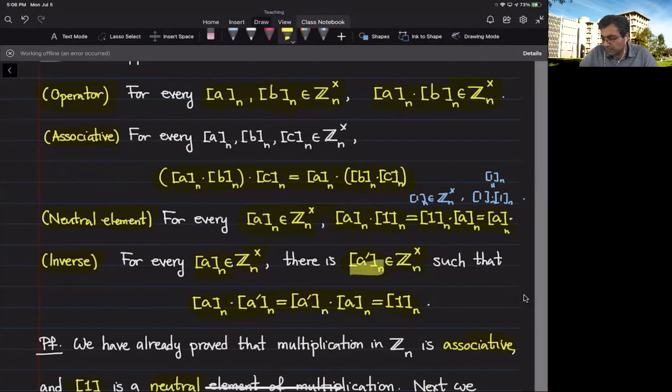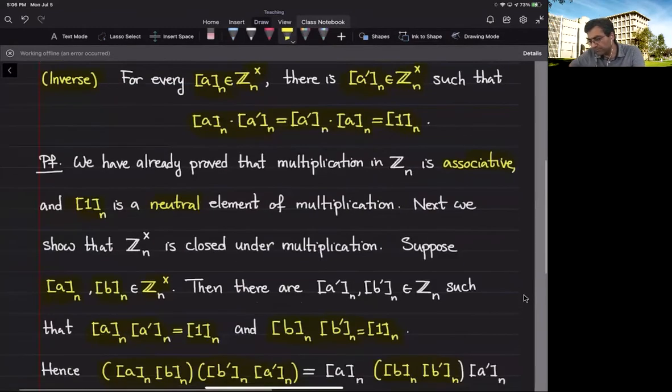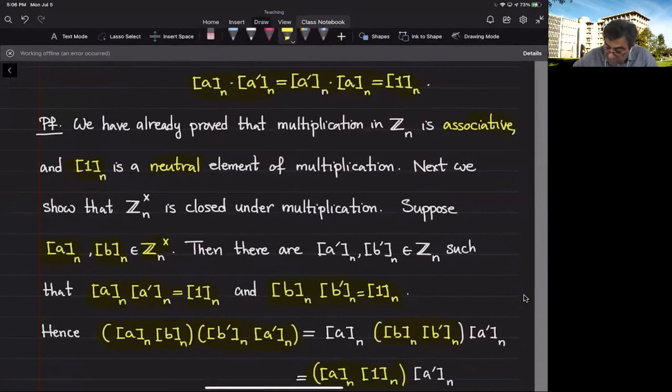So this a prime itself is a unit. And we discuss why this is the case. Again, we have already proved, as discussed, associativity of multiplication. We have pointed out existence of the neutral element with respect to multiplication.